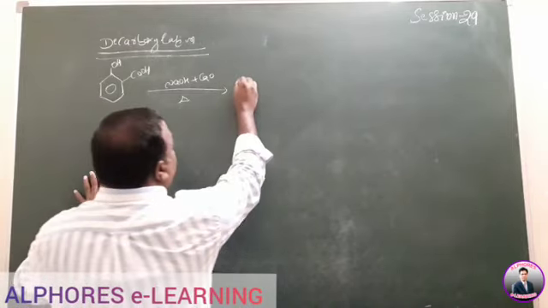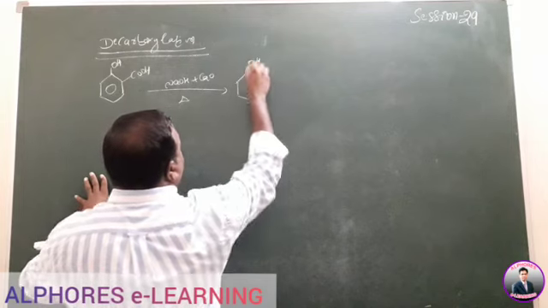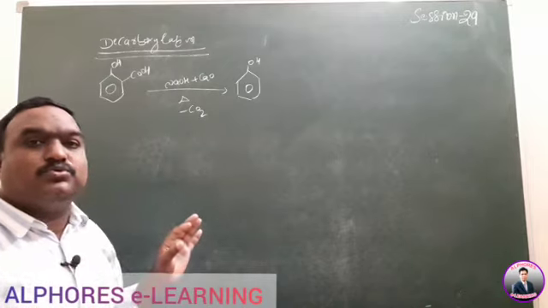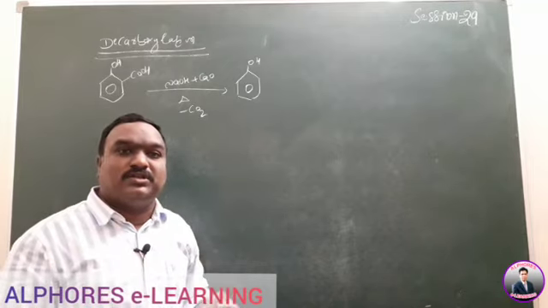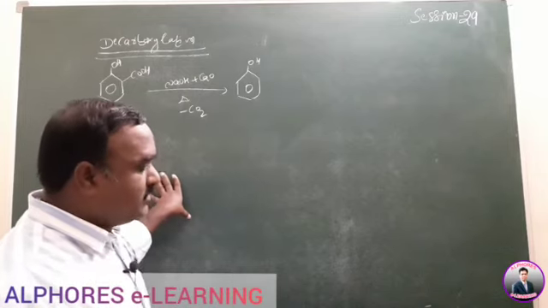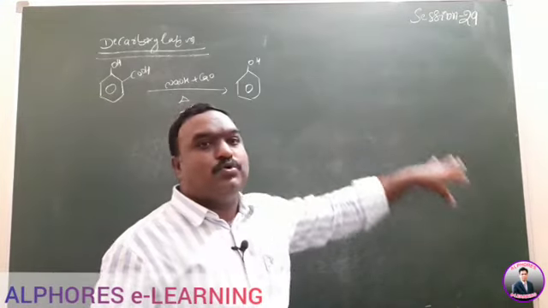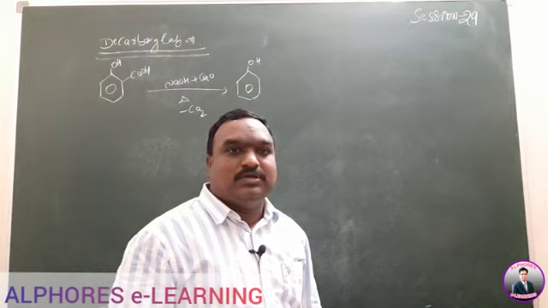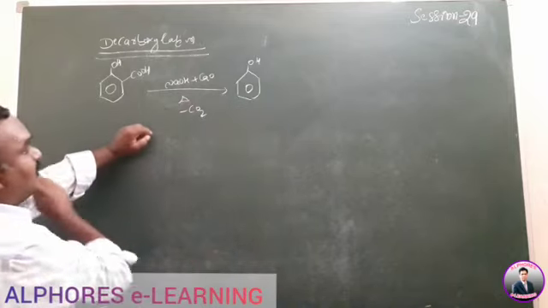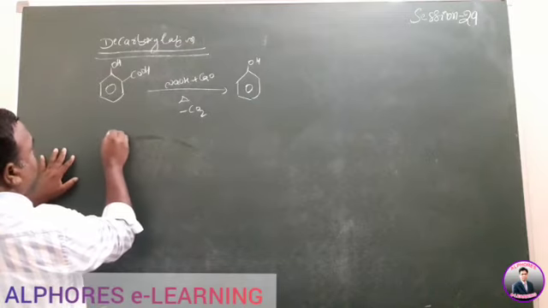So here OH is formed plus CO2. Removal of CO2 group from a given organic compound is generally called decarboxylation reactions.